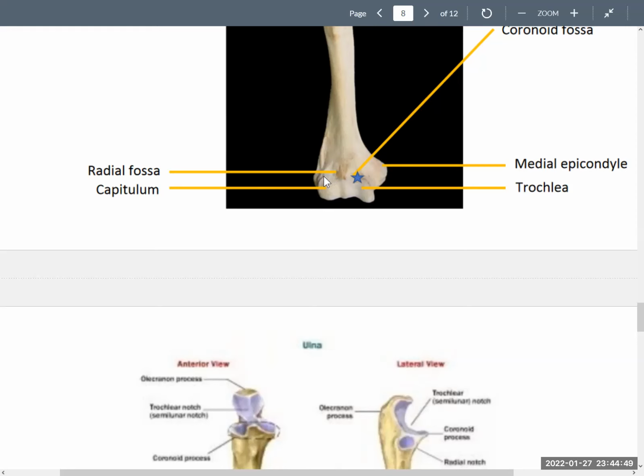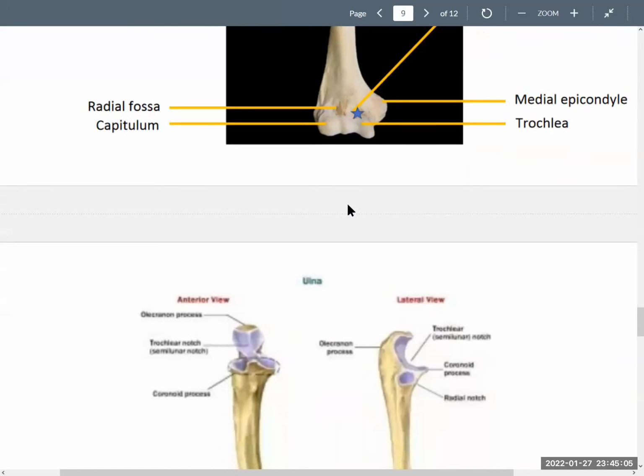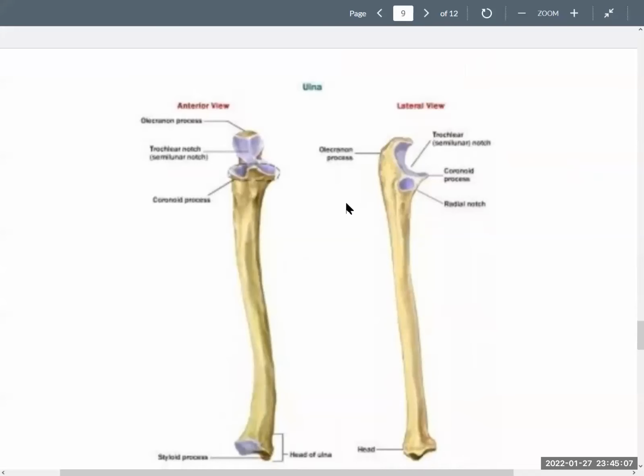For those of you who play chess or ever saw a chessboard and know what a pawn looks like, turn this upright. There's the head of the pawn. There's the base of the pawn. This is the ulna, one of the two bones of the forearm.